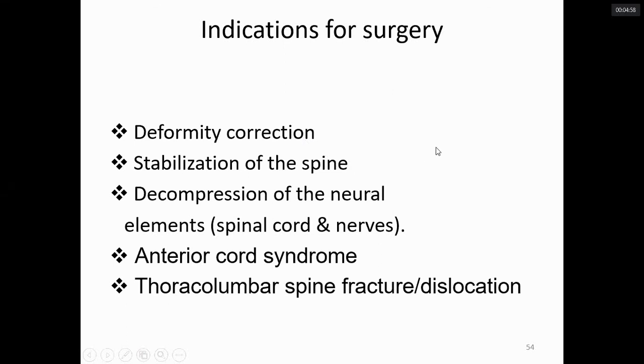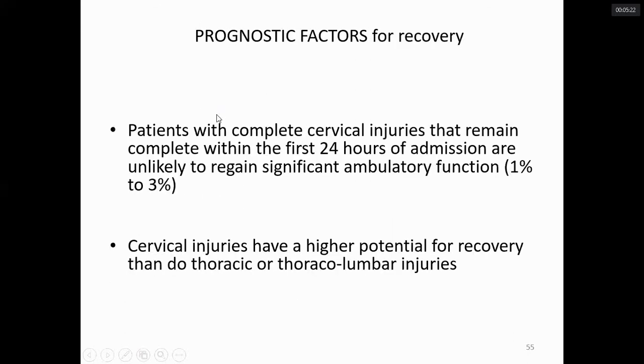So indication for surgery: if there is a deformity, you can go for corrective osteotomy and spinal fixation. If there is a fracture, you can stabilize with the help of pedicle screws. And if the spinal cord is compressed, you can go for decompression also. So depending upon the type of the fracture, you manage accordingly.